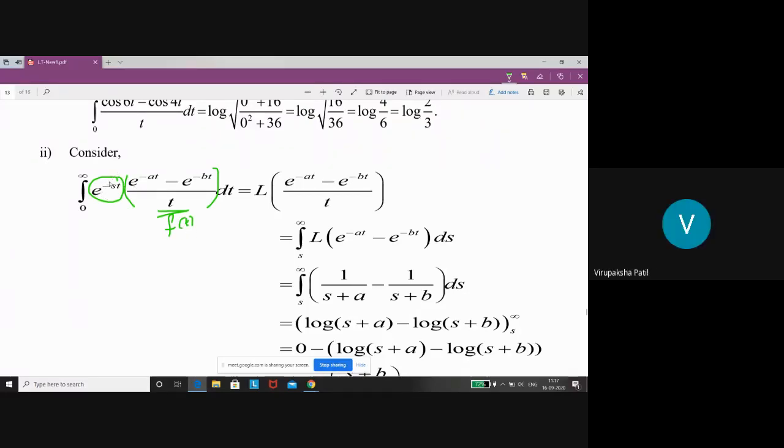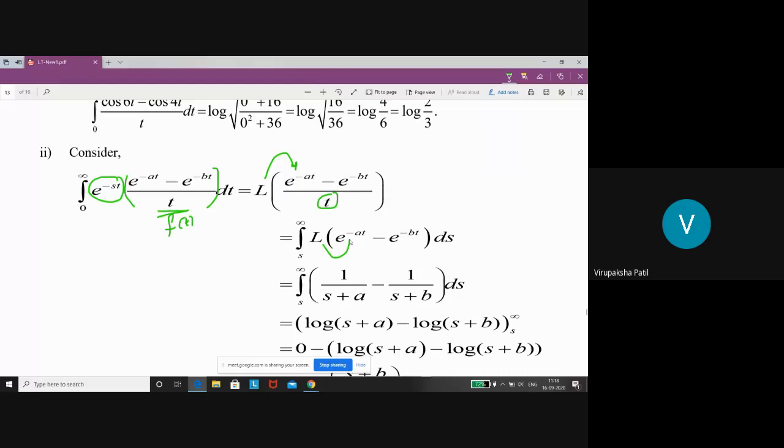Now, using the basic definition, what can you write? This entire quantity can be written as L of (e to the power minus at minus e to the power minus bt). Now here this is L of this quantity. So now we can use the third property. What does the third property say? Divided by t means integration s to infinity of the Laplace transform of the numerator quantity, that is, integration s to infinity of L of (e to the power minus at minus e to the power minus bt).